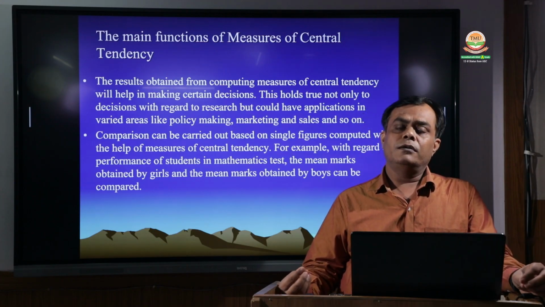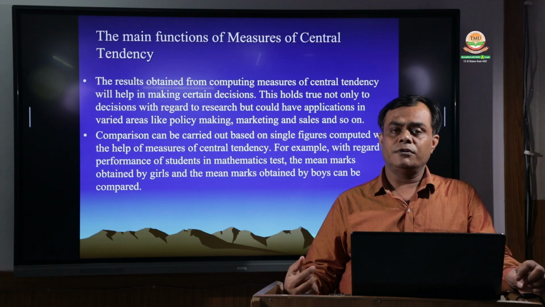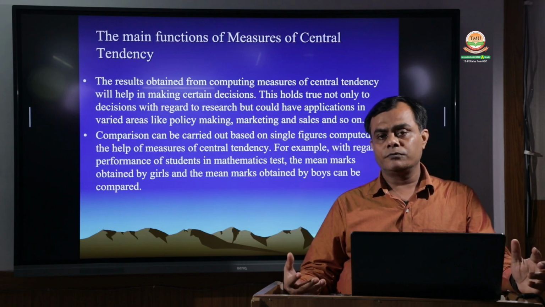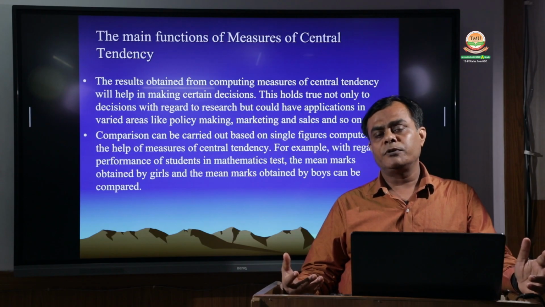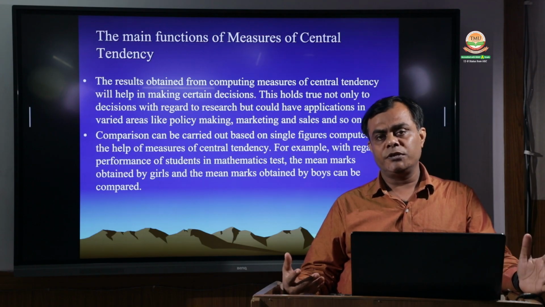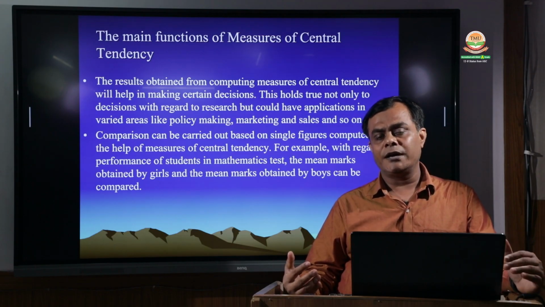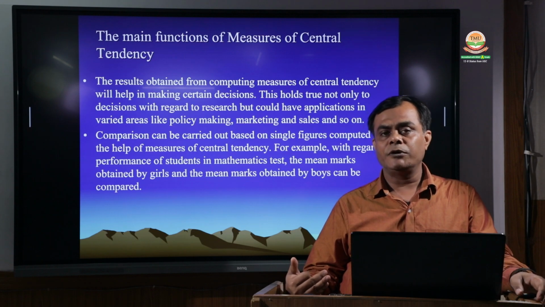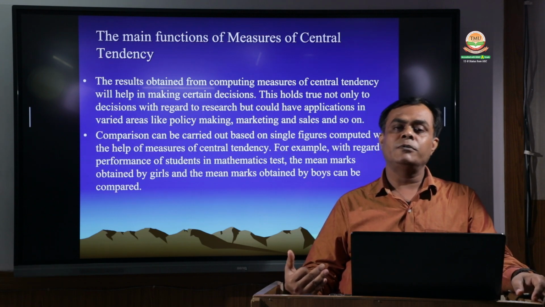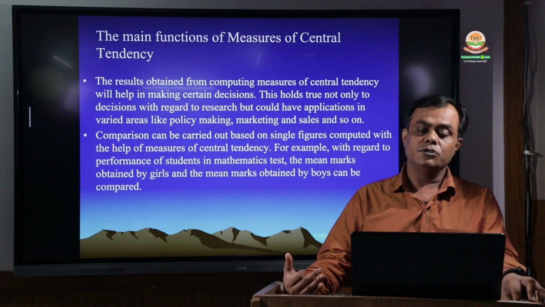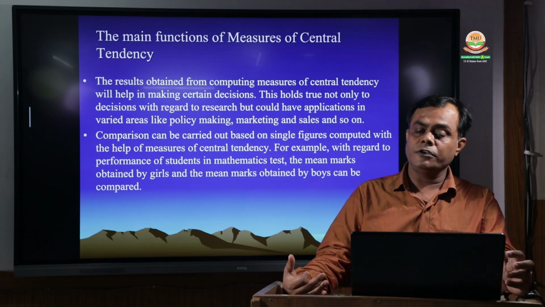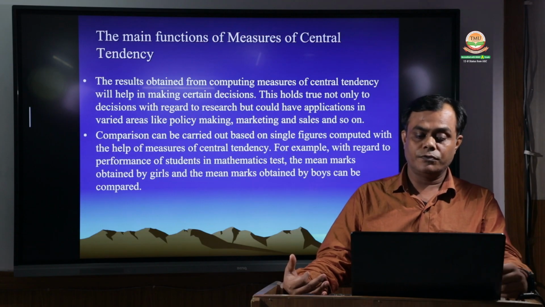By getting a single figure for your group or the whole population, you get an idea to decide about the decision making situation. So obtaining it is very important for the decision making process.